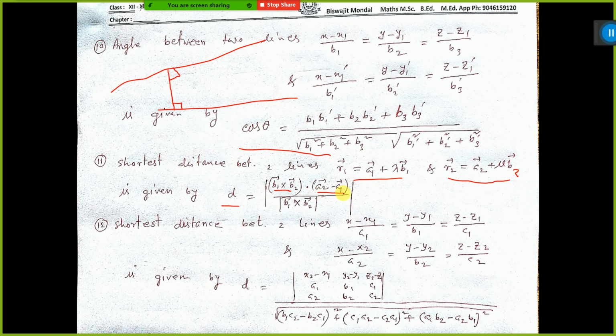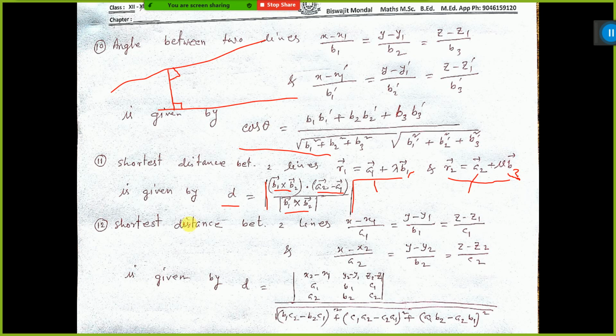This is the dot product of these two expressions. Actually, first is B1 cross B2, where B1 is this vector and B2 is this vector. At first you have to take the cross product. Then with this vector, we have to do the dot product with A2 minus A1. This is the A2 vector and this is the A1 vector. Take their subtraction, then dot product with this, divided by the magnitude of B1 cross B2 vector. Its modulus you have to take, because distance cannot be negative. That is why you take the positive value only, and that is why this mod sign is given.